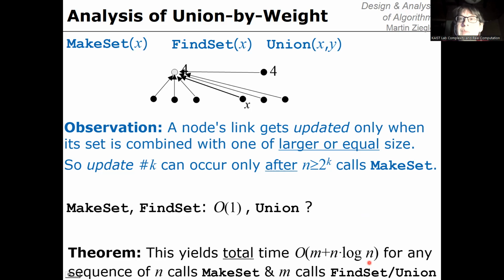We want to have a disjoint set data structure with amortized cost log star n, not log n, not log log n, not log log log n, but log star n, and even smaller, inverse Ackermann of n. That's our goal. But I see that we're running out of time, and this is the last lecture before the midterm exam.